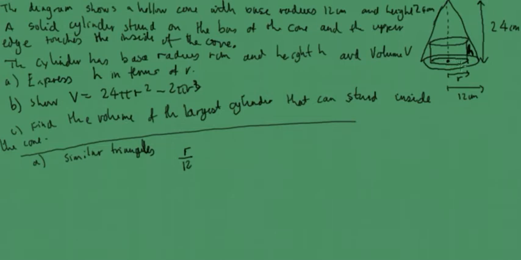So if you were to draw a triangle inside here, the triangle here is a similar triangle to if you were to draw the triangle from the centre to the outside of the cone and up here. So that triangle, I'll change the colour so I can show you what I mean. So this triangle here is similar to this triangle here.